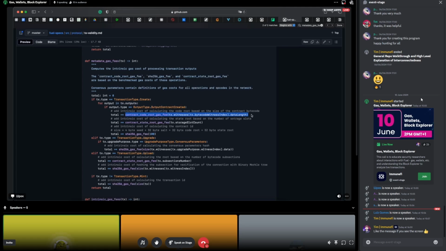But if your contracts are small, you will pay almost nothing. The same for storage slots. When you create your contract, you can already have some predefined storage slots there. Again, if you don't have any, or only several storage slots, it will be cheap. But if not, it will be more expensive.